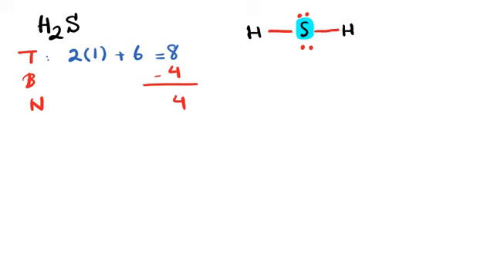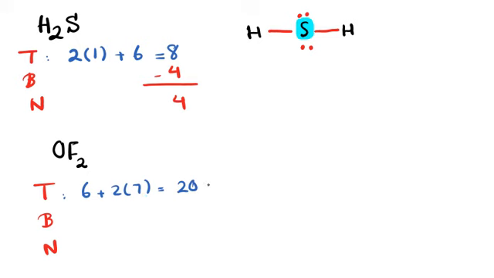Let me work on OF2. Let me write TBN, total valence electrons. I'm sure you will watch the video after solving and drawing OF2. 6 plus 2 times 7, which is 14, so we have 20 electrons. I'm going to draw oxygen as the central atom because we have only 1 oxygen and 2 fluorine atoms.